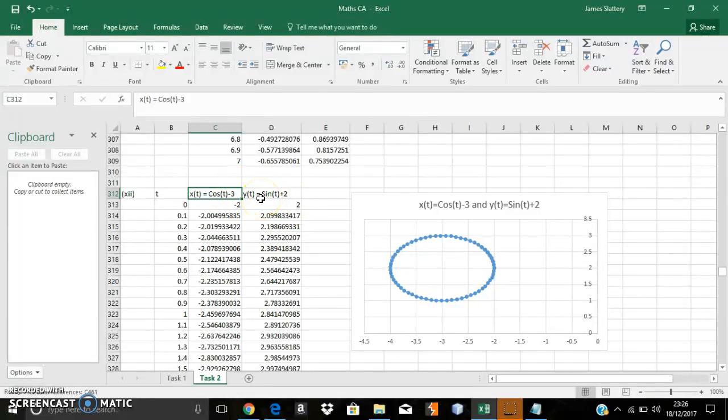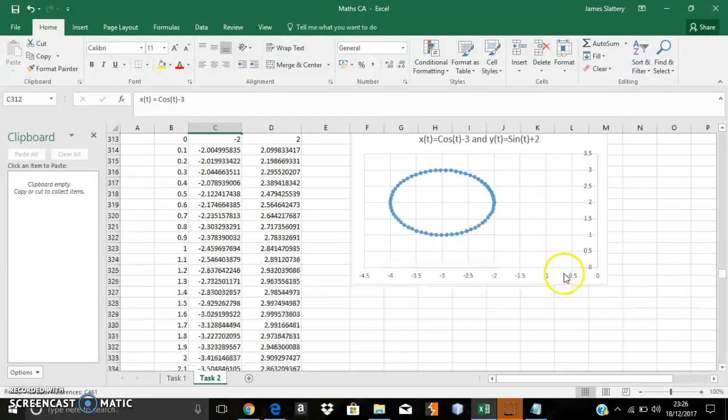So instead it controls the center of the circle. So you're going to have a circle with a center of -3 on the x-axis, there's the center of the circle, +2 on the y-axis, -3, +2.